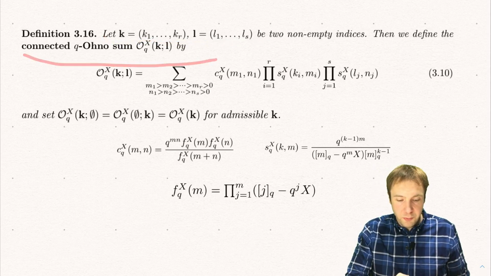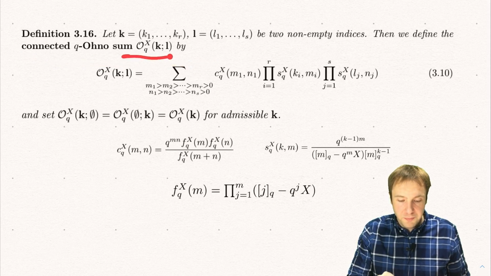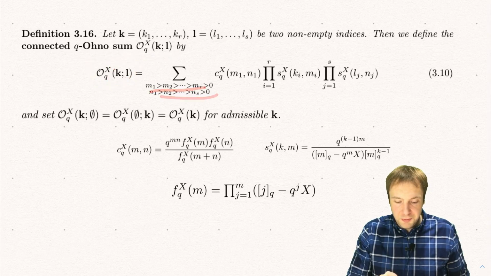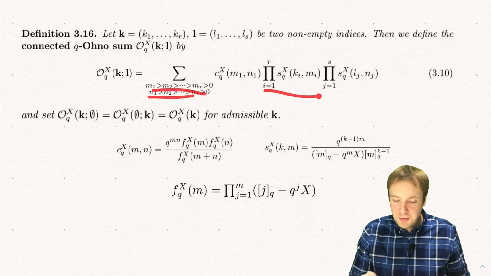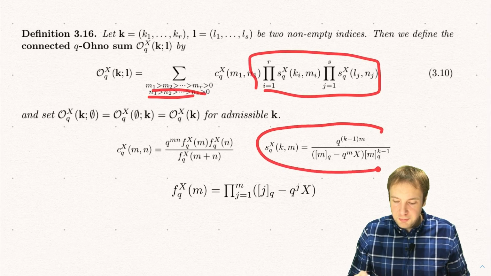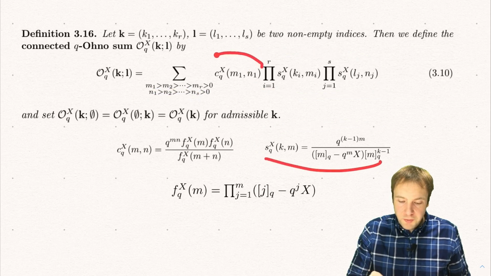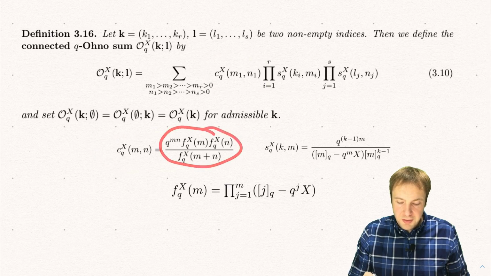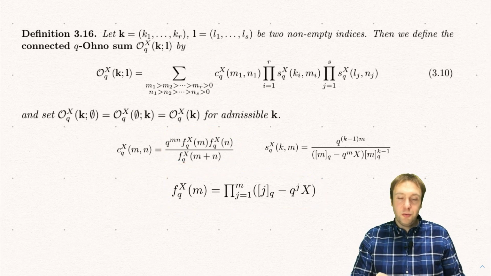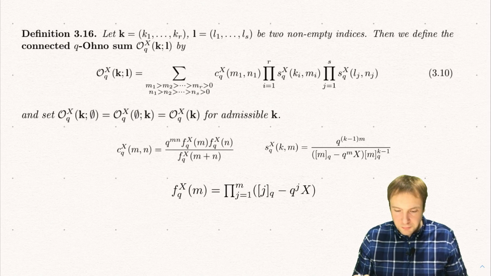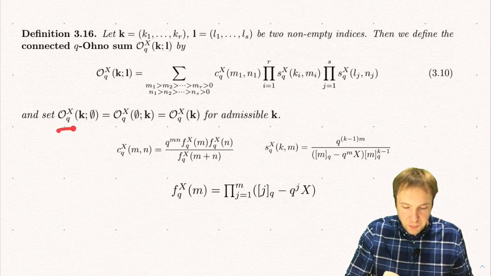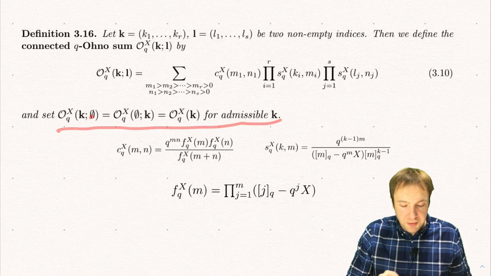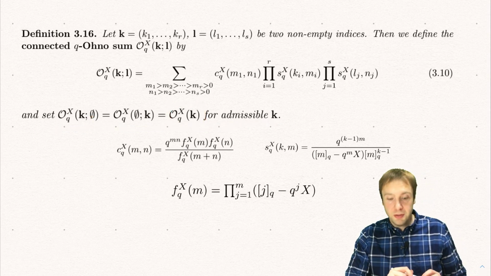Then we define the connected Q-Ohno sum, depending on two indices, by taking, as I said, these two sums over ordered m's and ordered n's, and here we have these summands. And now we take this connector we mentioned before, which was given by this expression here, where we had this qx analog of this factorial. And also, if one of these indices is the empty index, we just define this to be our Q-Ohno sum.